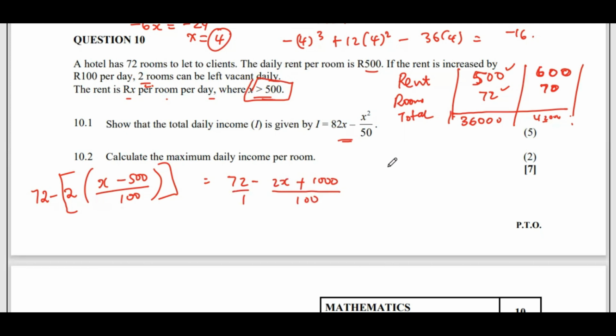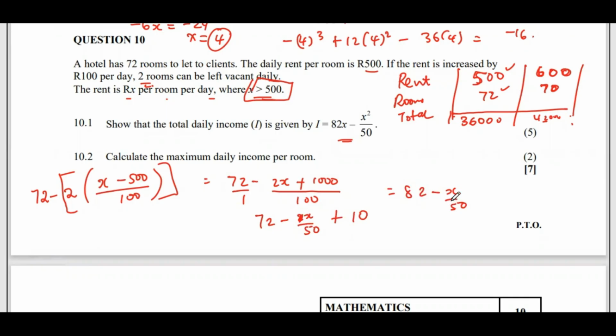Then if we divide that, it's 72 minus 2x over 100, which is x over 50, plus 1000 divided by 100, that's 10. Then 72 plus 10 is 82. So we get 82 minus x over 50.